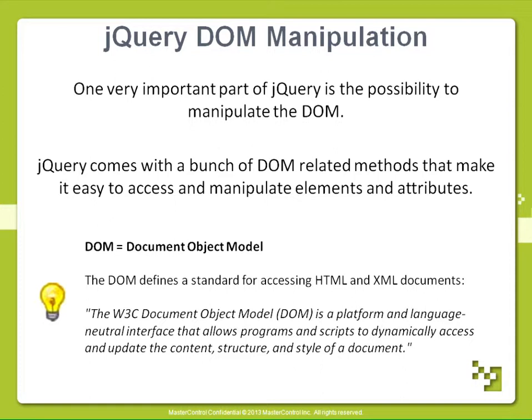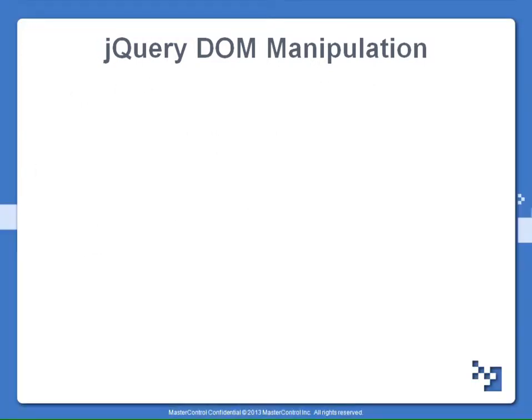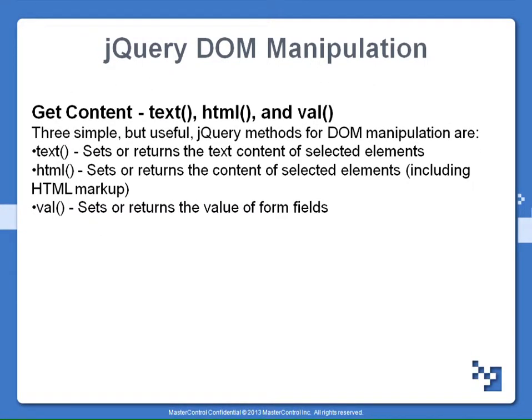So basically, these are defined standards for HTML and XML documents. Okay, so when we talk about DOM manipulation, there's a couple of things you can do and ways to manipulate. And one is get content. This is very, very common in the forms that we build that have a lot of automation in them, because we may want to know what the value of a field is, right?